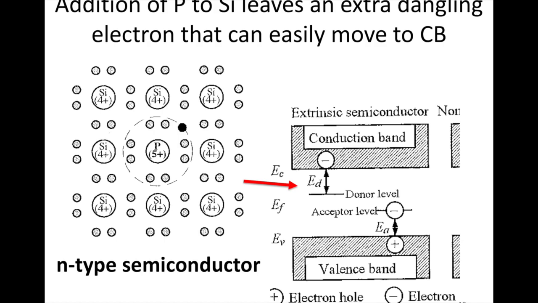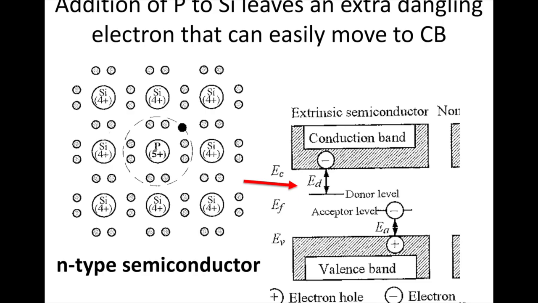And so what this does, it leaves one dangling electron in that structure. Because we have a plus structure, that basically gives us one dangling or additional electron in the structure. So we've added one here to represent that in the schematic.